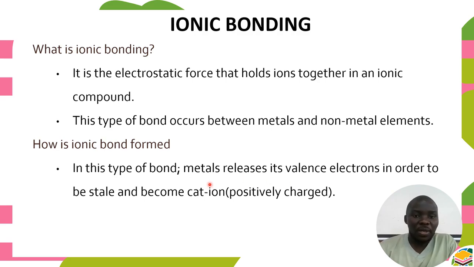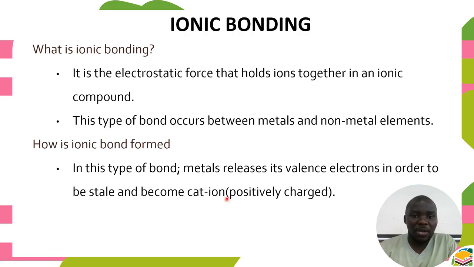So when you have a metal and a non-metal, if they are to join and form an ionic bond, this is what happens. In this type of bond, metals release their valence electrons in order to be stable and become a cation.